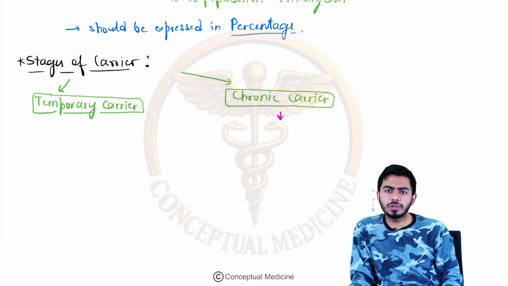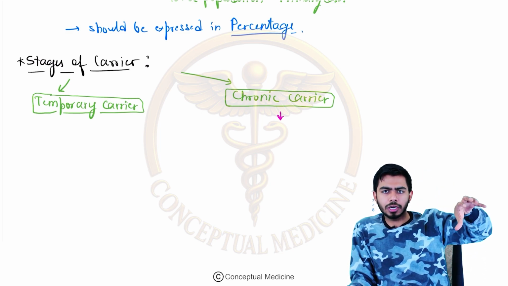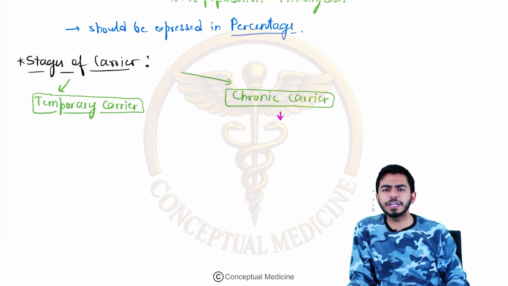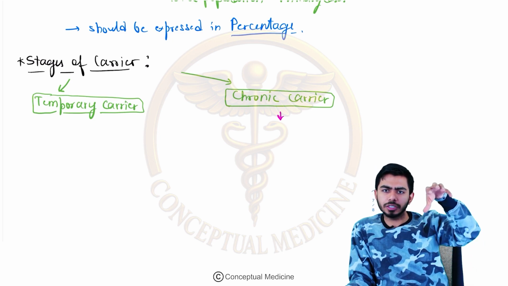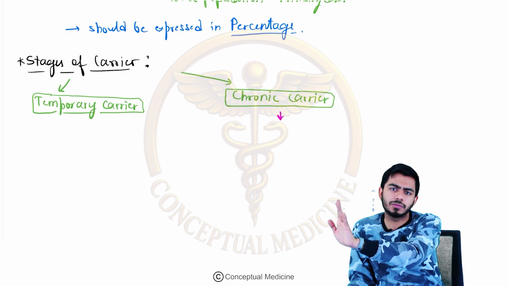I told you what a carrier is: carrier means having the capability of spreading the infection to others. So we have two types of carrier, temporary and chronic.